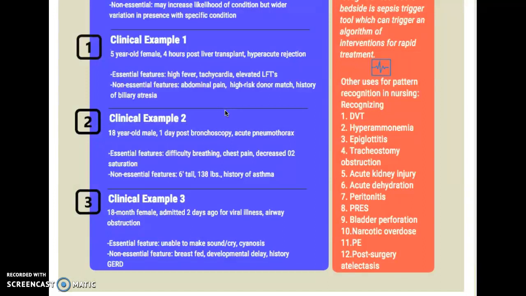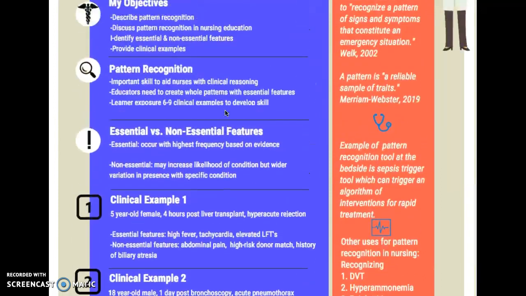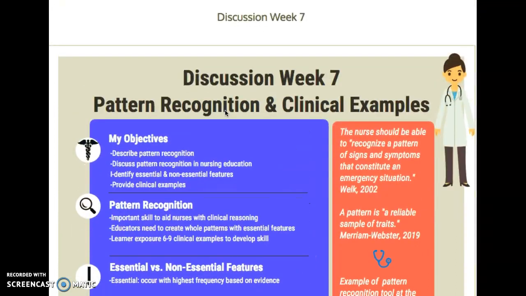Pulmonary embolism, and then I was thinking about post-surgical atelectasis, usually caused by immobility and also can be caused by pain medications. So I think there are many, many more examples that could be given, and I look forward to everyone else's examples.